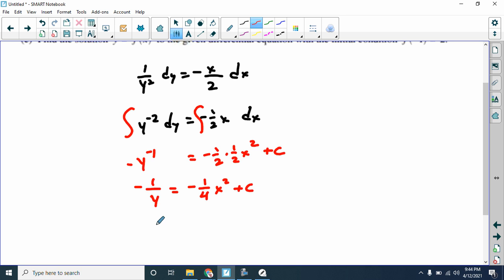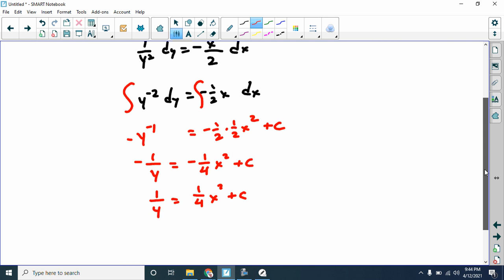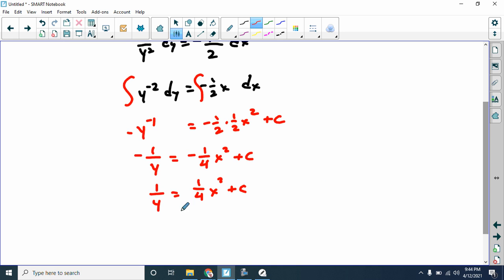Multiply both sides by -1, gives me 1 over y equals 1/4 x squared plus c. I can flip this, as long as I also flip this.